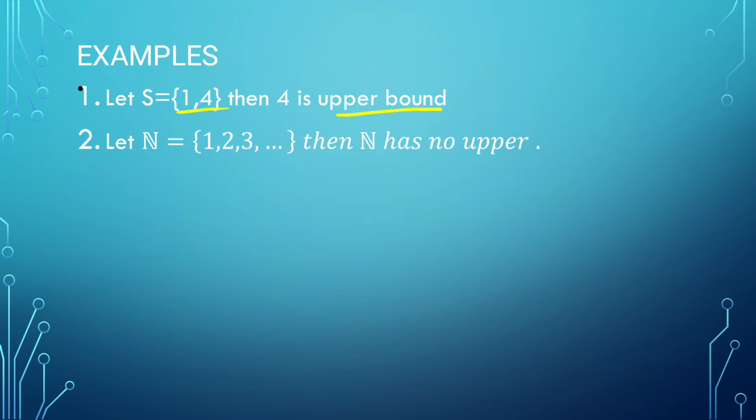If you have N, the set of natural numbers, it includes 1, 2, and so on to infinity, so there is no element which is greater than infinity, and because infinity is undefined, we say N has no upper bound.